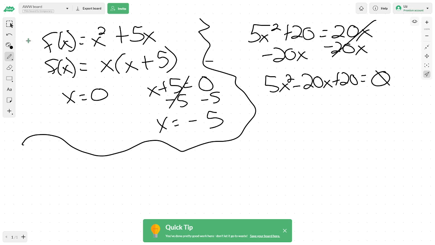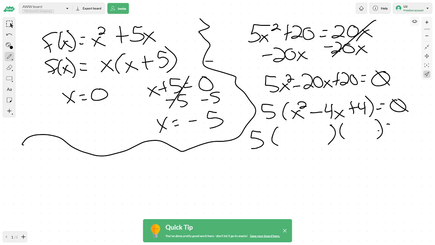I'm going to factor out my 5 here to make it smaller numbers since all of these are divisible by 5. And then I'm going to factor my trinomial into two binomials here.